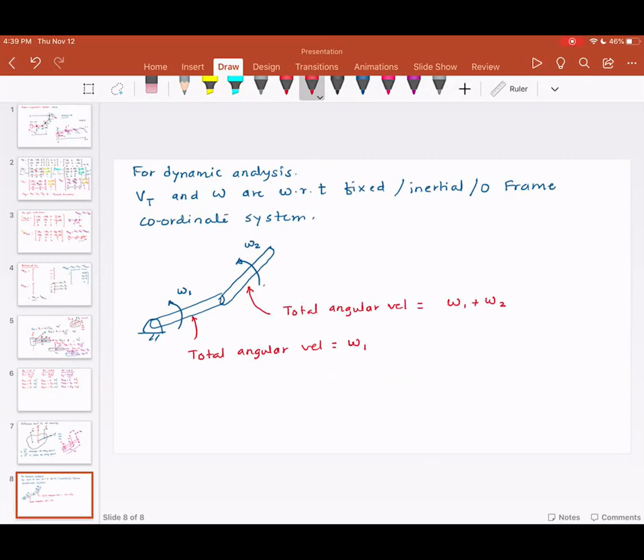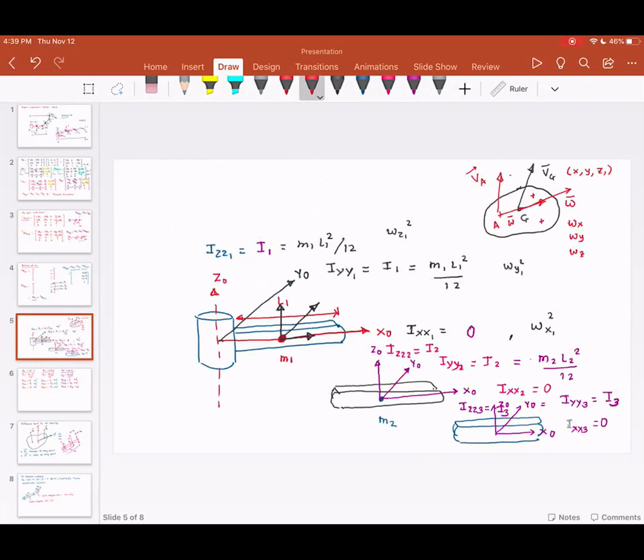So the next question is, if you have a link, say we were looking at this particular picture, wherein you have a robot, and this robot has 3 axes, and each link may have its own axis that could be oriented differently than the base coordinate system.